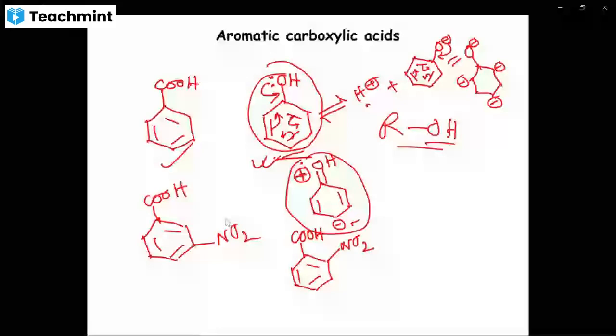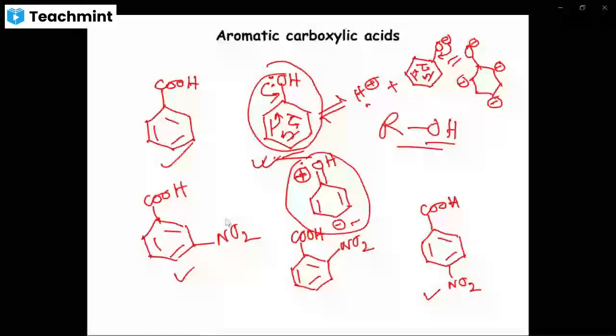And for para, if you compare between meta and para, which one will be more acidic? Para will be more acidic.